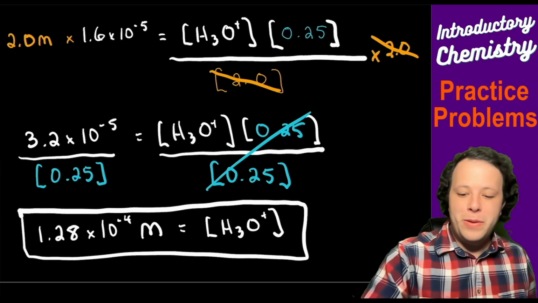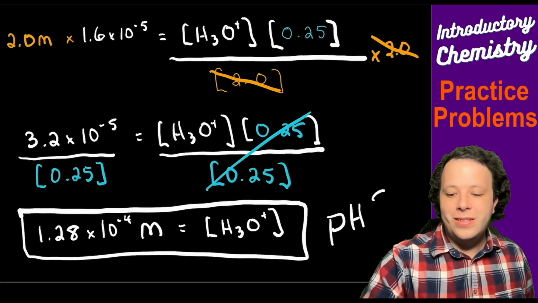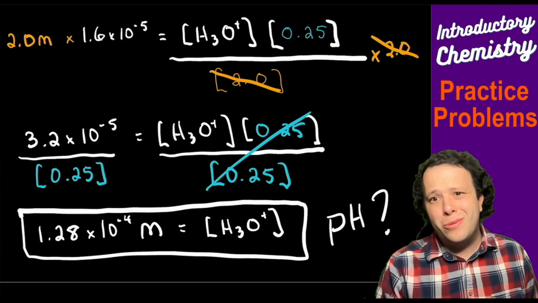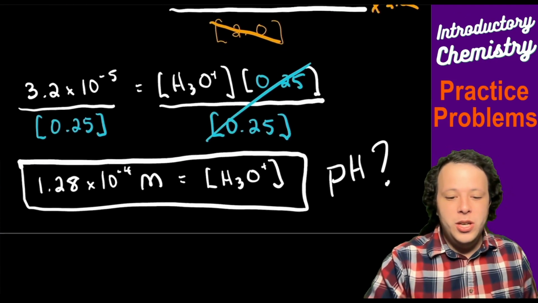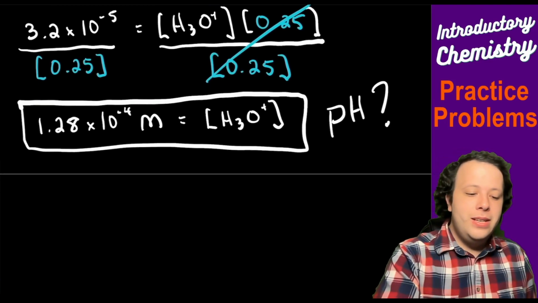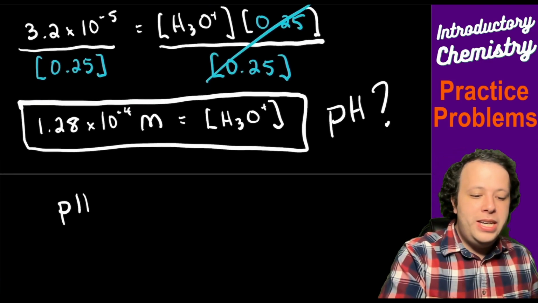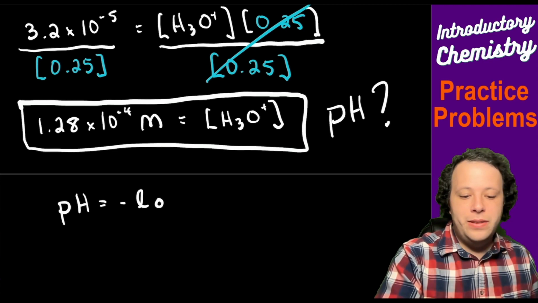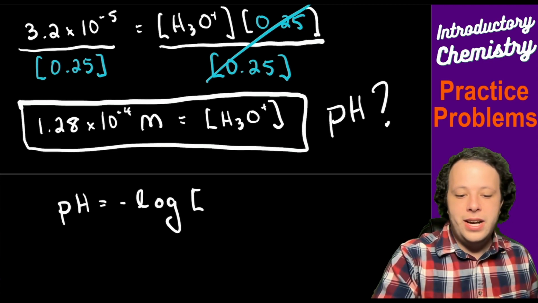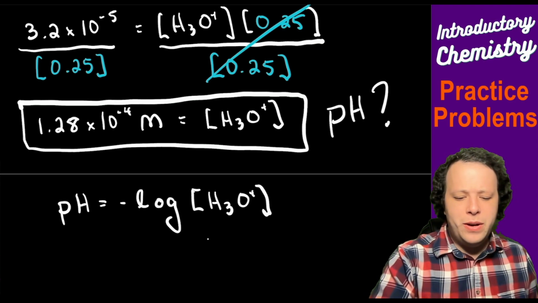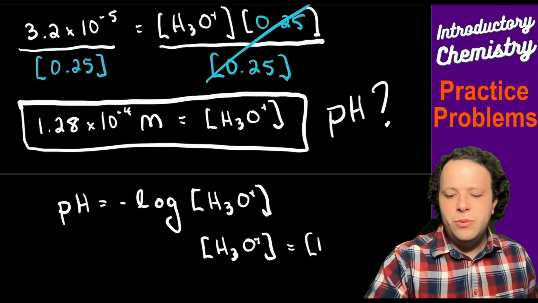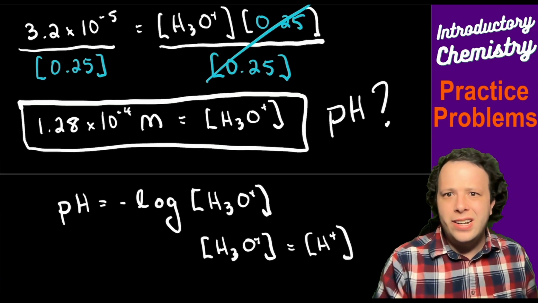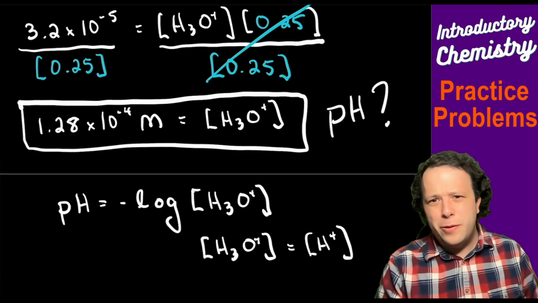Now, if you remember from the problem, we also had to figure out pH. So how do we do that? Well, that goes back to the pH and acids and bases video, where the way to solve for that, if you remember, is that pH is equal to the negative log of the hydronium concentration. And as a tip, if you ever see hydronium, that concentration is going to be equal to what you see for hydrogen ion, depending on how a problem is being written.